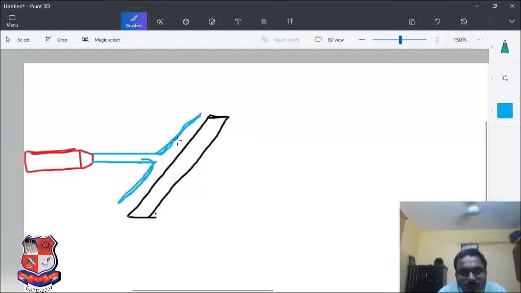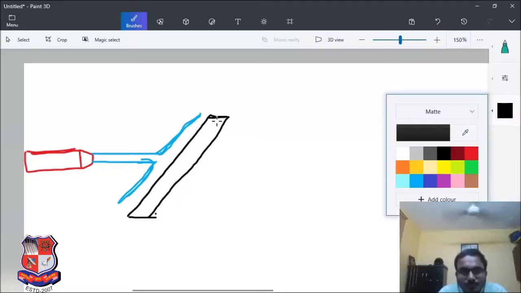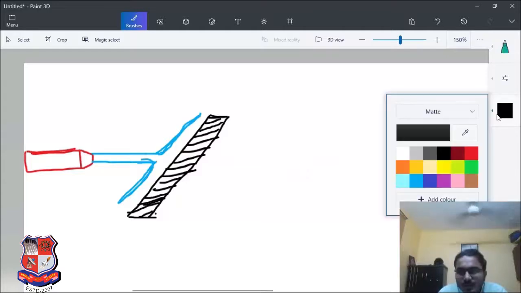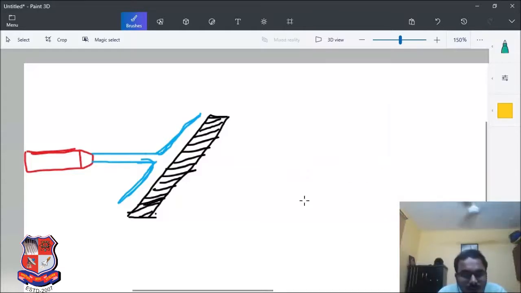A jet of water is coming out and it is striking this plate. And as far as inclination is concerned, we are taking this angle of the plate with the direction of jet, and we are assuming this to be theta.